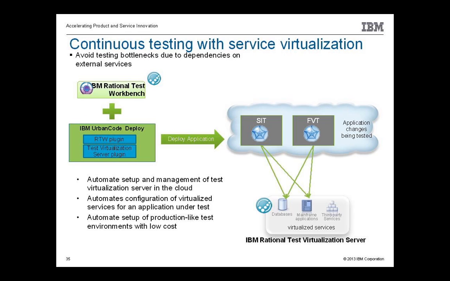So when we look at continuous testing and solutions like Test Workbench and UrbanCode Deploy, we're not only continuously testing the application code from very early on in the overall process, we're also testing the deployment, because we're not having to modify these configuration files. My mock might be running on this IP address, but my live service is going to be running on a different IP address. My virtual component and my live service in this implementation would be running at the same location. So again, I'm not having to change that out.